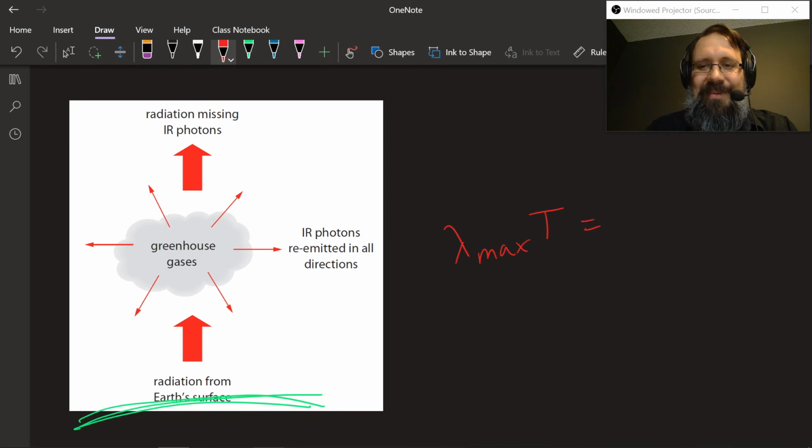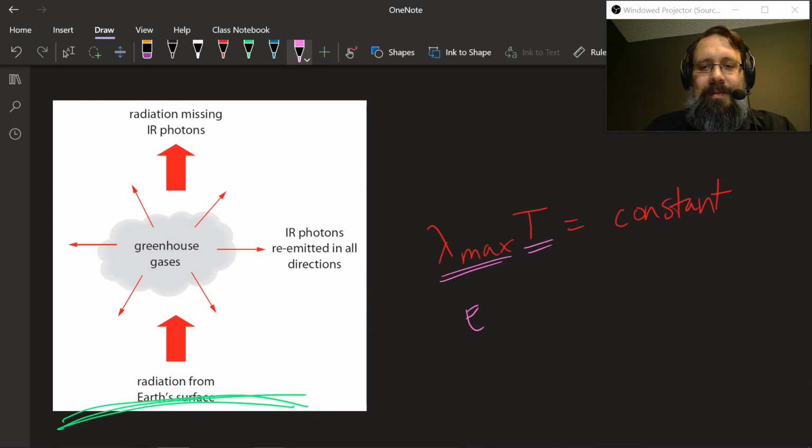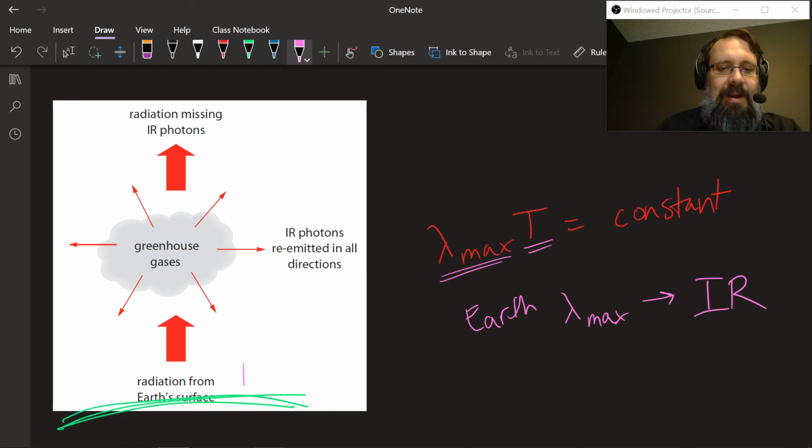I don't remember the constant. But there's a maximum wavelength that you're going to emit at based on your temperature, and for Earth, the lambda max is in the infrared. So that's what the Earth is releasing. The Earth is giving off infrared radiation.